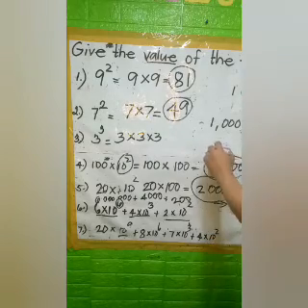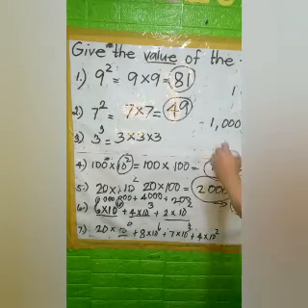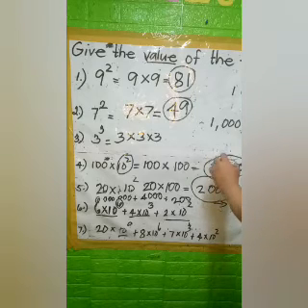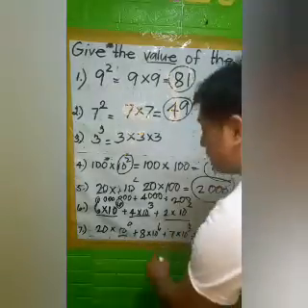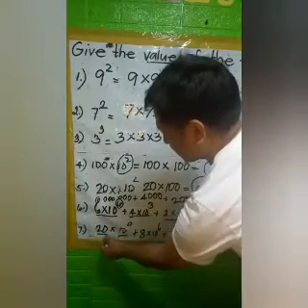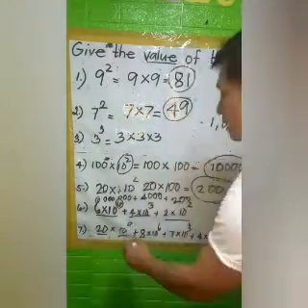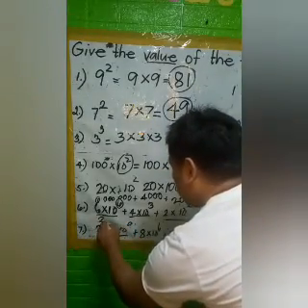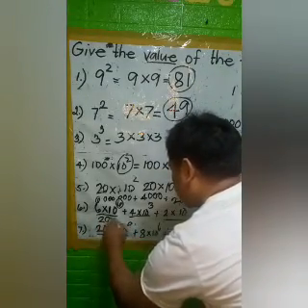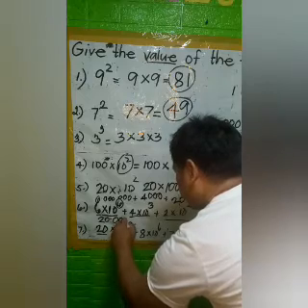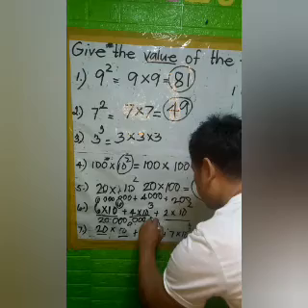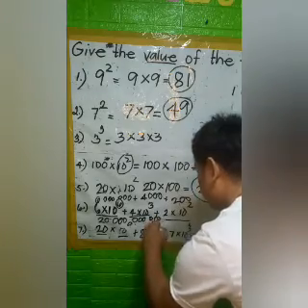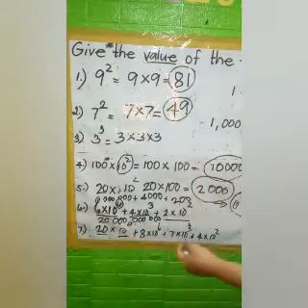So we will be arriving at 20 billion. So the value of 20 times 10 to the power of 9, that is 20 billion. So we have 10 zeros now. So that is 20 billion.